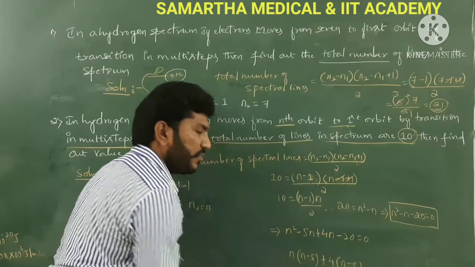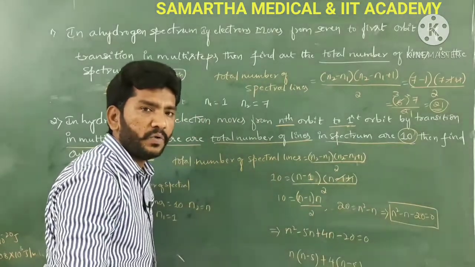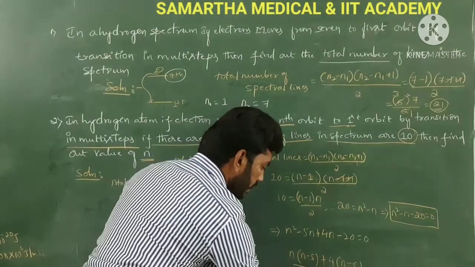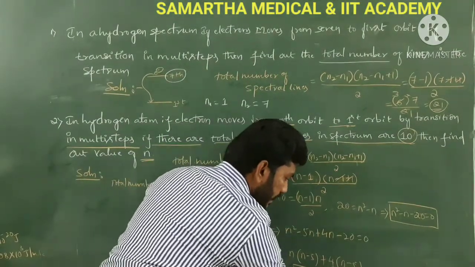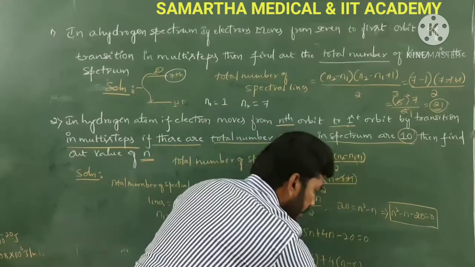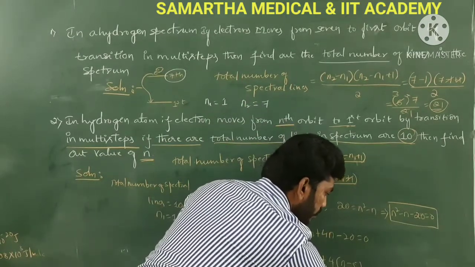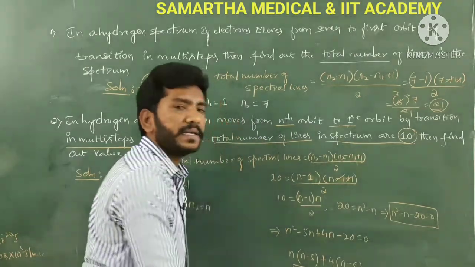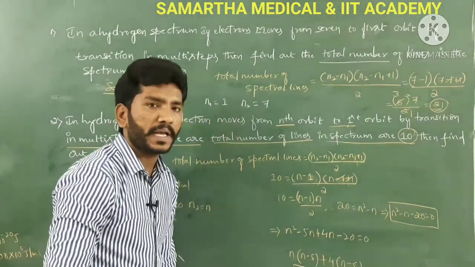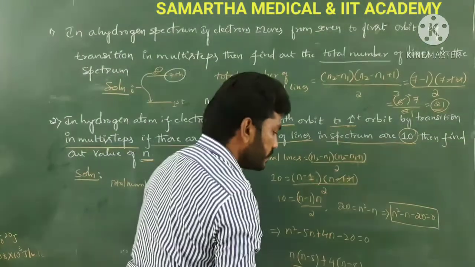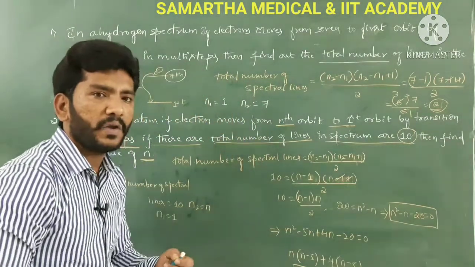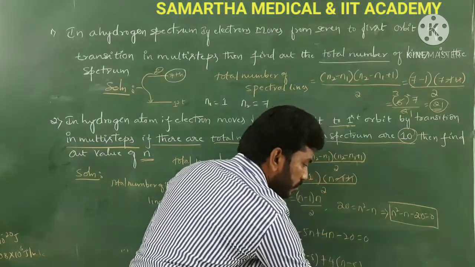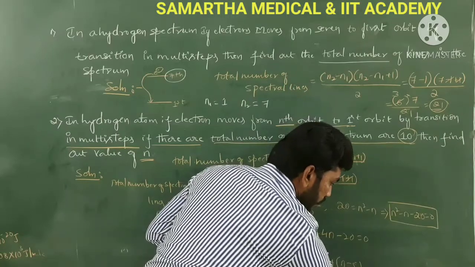Here the n value cannot be 0, guys, and n cannot be negative. So we couldn't take this value; rather, we take n minus 5 equals 0, then we get the n value equal to 5. If you simplify the other one, the n value comes out negative. The n value cannot be negative, guys, so we have to seek the n value in positive terms. So here n equals 5, this is the actual value of n.